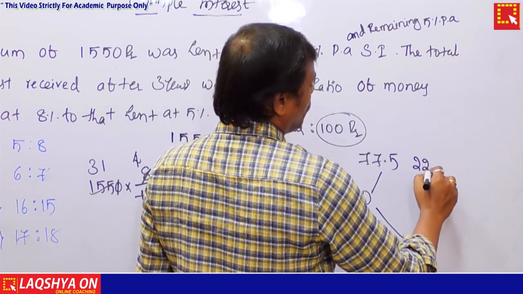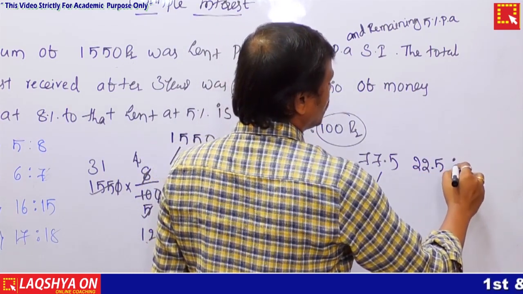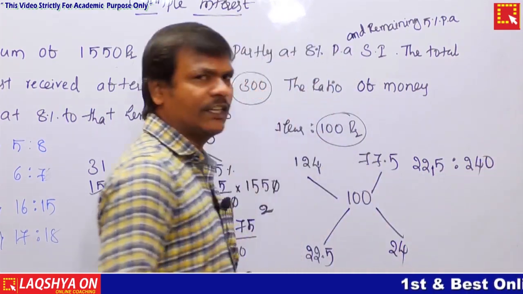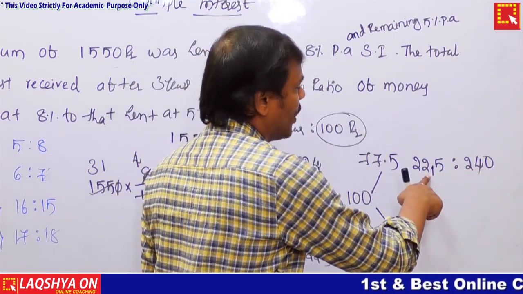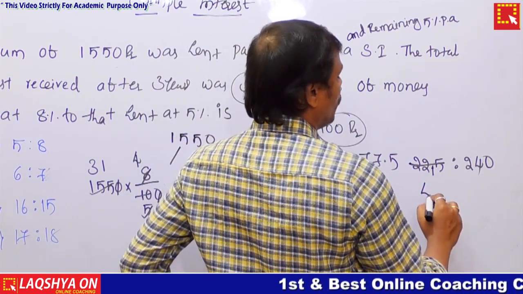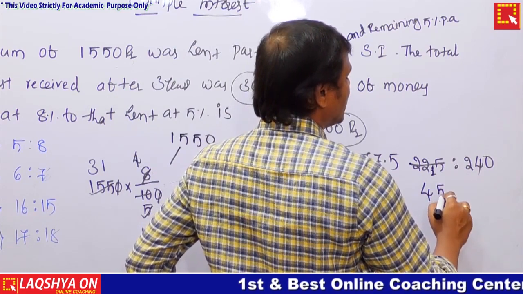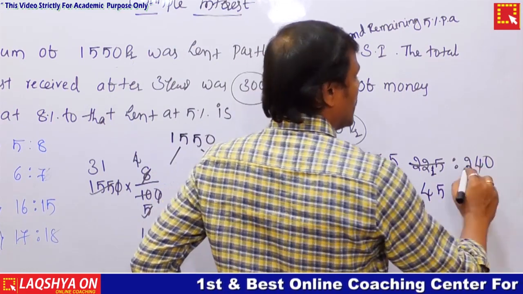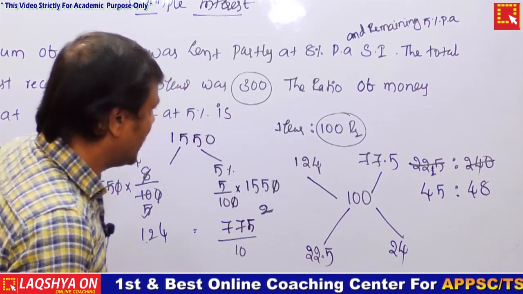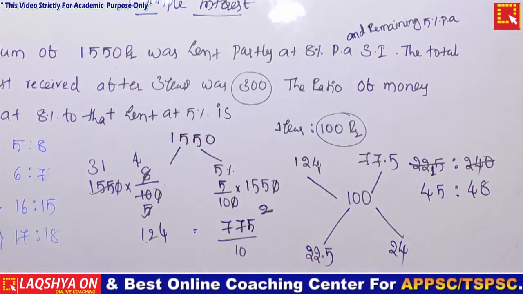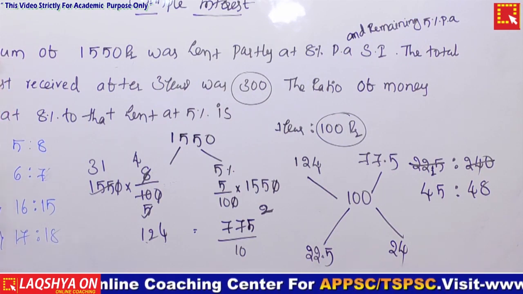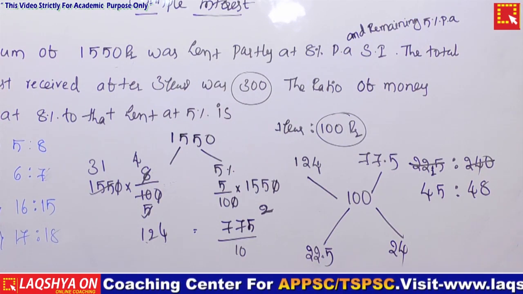Now 22.5 is to 24 as the difference. When we remove the decimal point on both sides, it becomes 225 to 240. 5 4s are 20, 5 5s are 25. 5 4s are 20, 5 8s are 40. So 45 and 48, we can write as 45 is to 48.